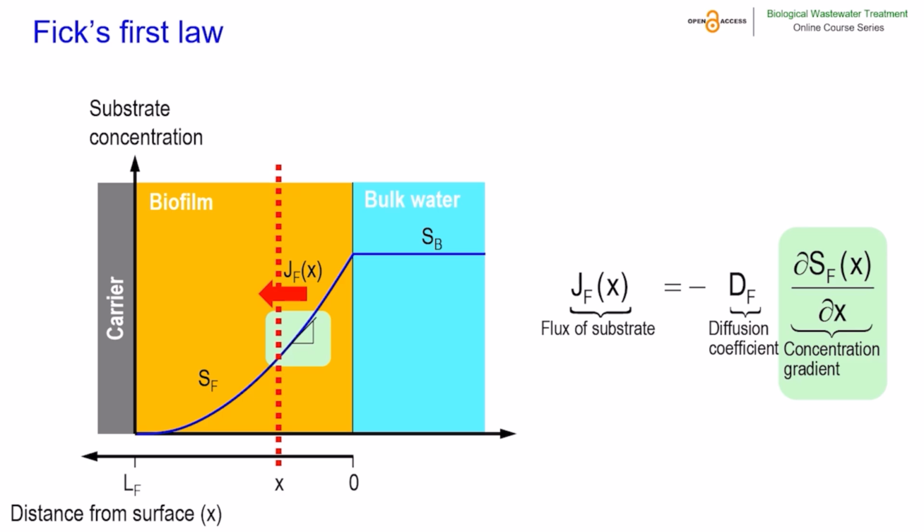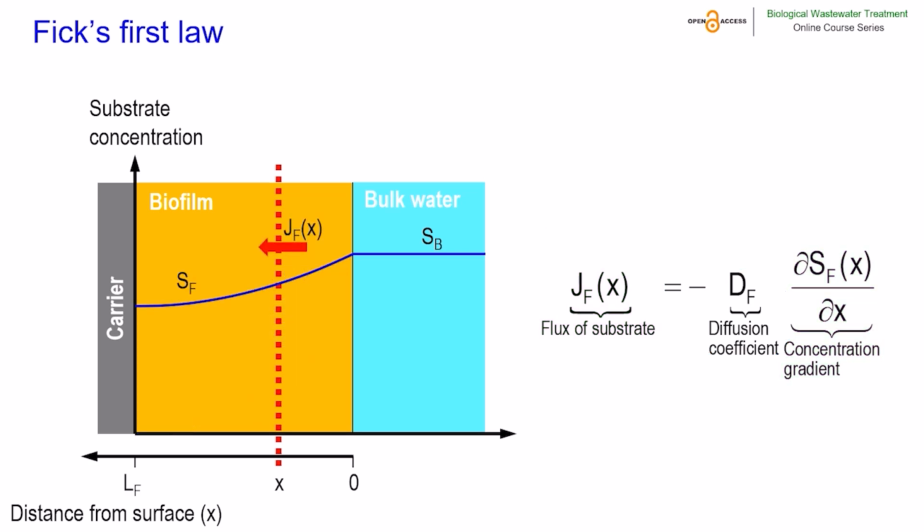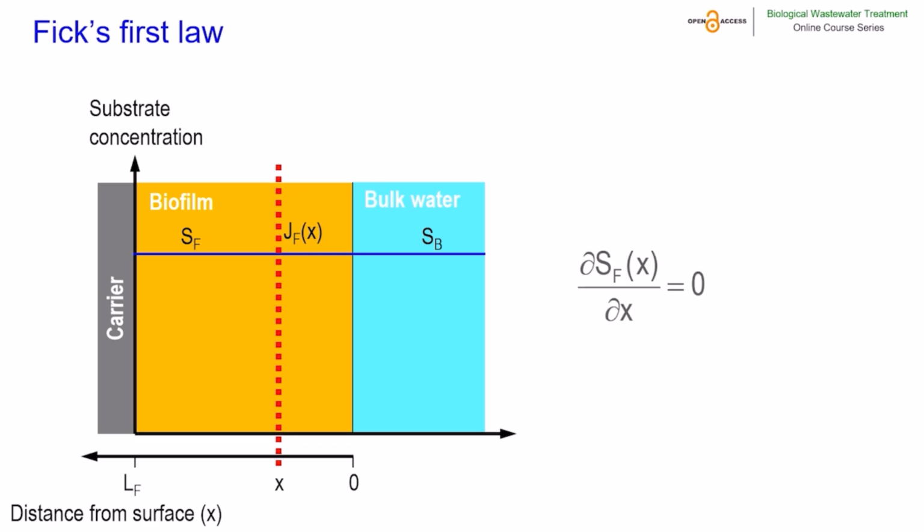If we multiply the concentration gradient with the constant, the diffusion coefficient, then we can calculate the flux. In this slide, there is another feasible plot of substrate concentration inside the biofilm. If the concentration gradient, as shown here, is smaller, then the flux will also be smaller. If the gradient is 0, then the flux is also 0.